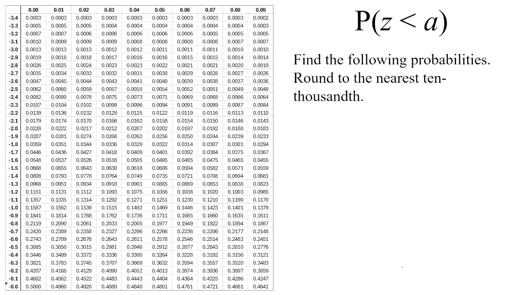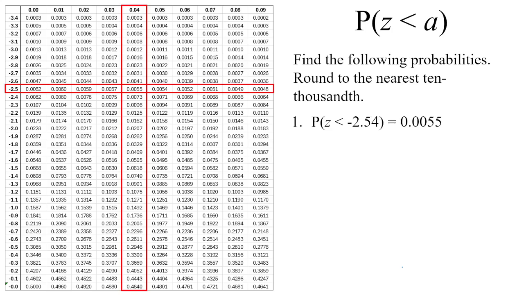All those decimals that you see inside are probabilities that the data is below a certain z-score. As you can see, it says the probability that z is less than a. So now I'm going to show you how to use this Z table.